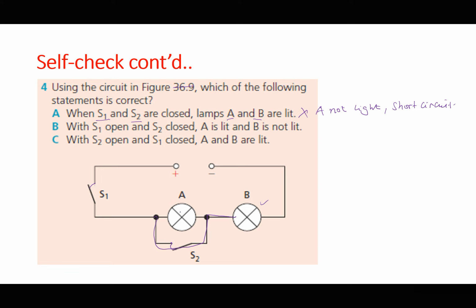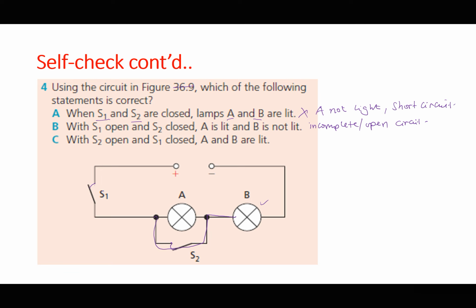Then S1 is open and S2 closed. Of course, if S1 is open and S2 closed, it is an incomplete circuit, or I can say open circuit. So there will be no current flowing because it is an open circuit. As long as S1 is open, none of them will light.